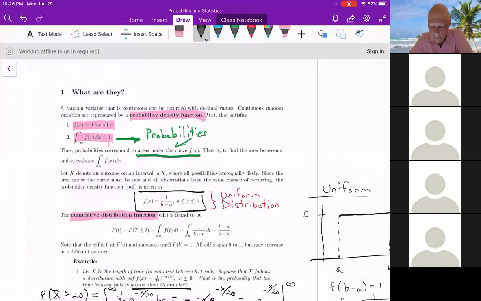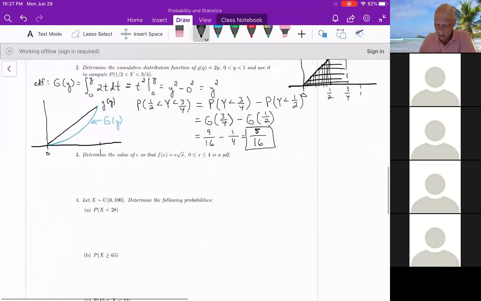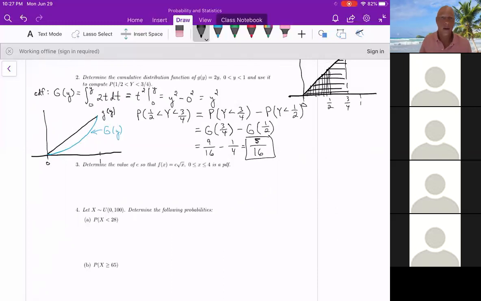Yeah. What is your question? Because we haven't made use of that yet. Because when do you use 1 over b minus a? Because you didn't use it for this one, right? No. We're almost ready to make use of that. We're not quite there. We're not using a uniform distribution just yet.